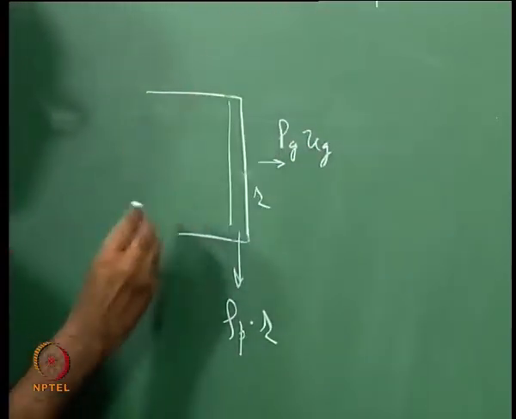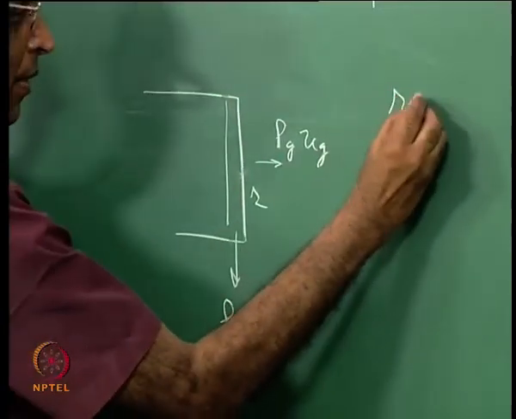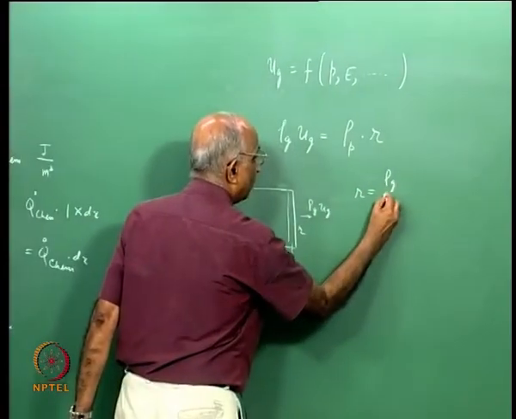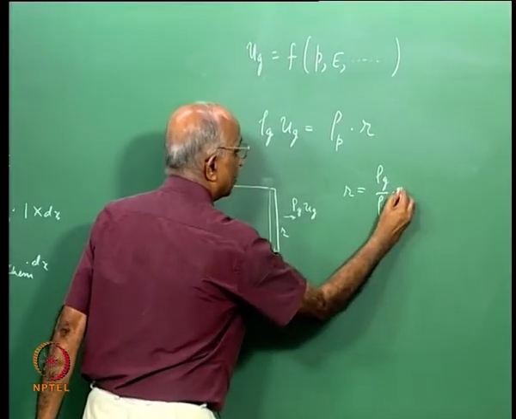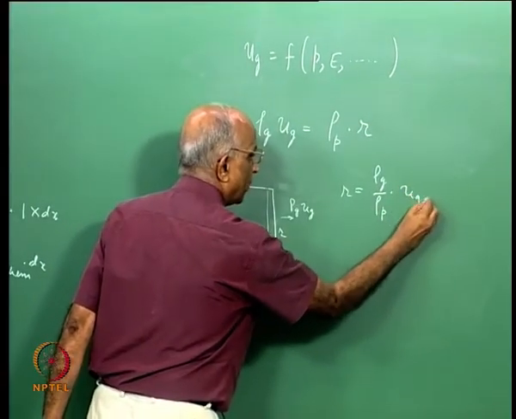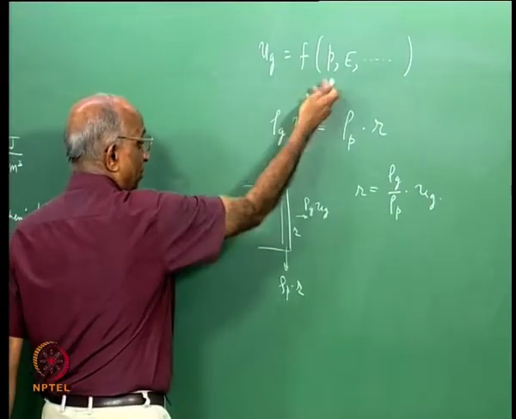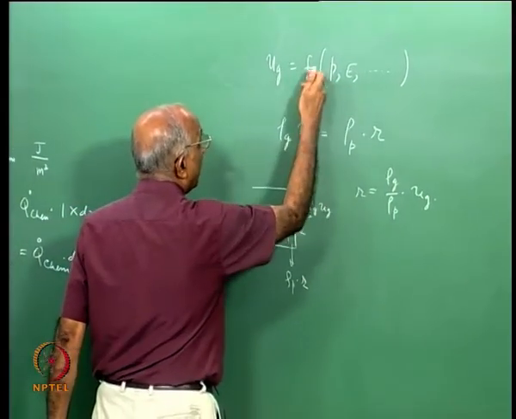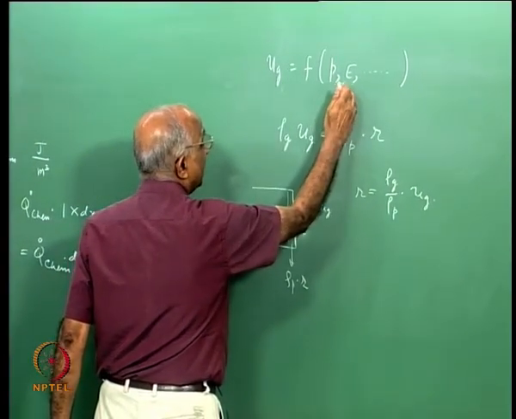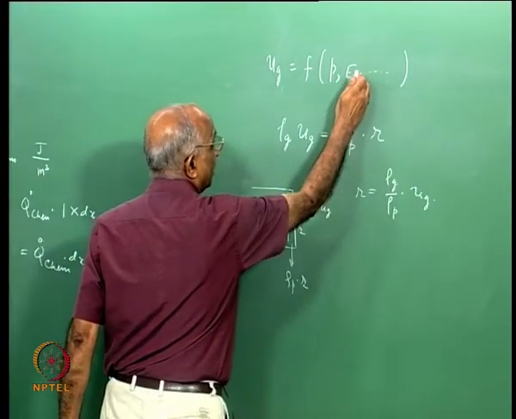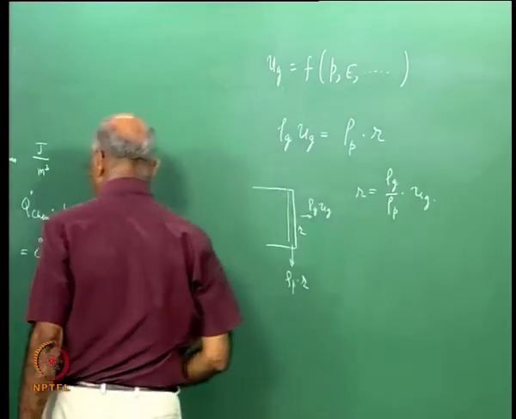Therefore, the burn rate goes as rho g by rho p into Ug. But Ug is a strong function of pressure, therefore the burning rate is going to be again a strong function of pressure, and the effect of the other constituents like the composition, activation energy and all that.